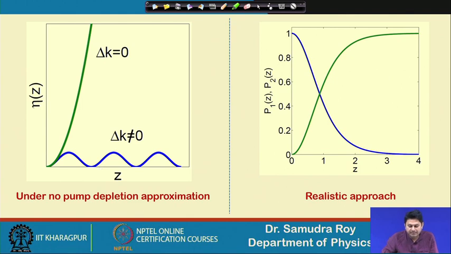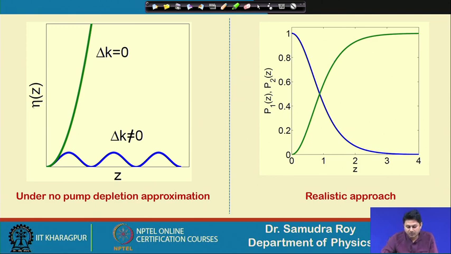In this realistic approach, whatever value we get at delta k equal to 0, initially the structure is something like that. Here also it is increasing, but after that it is not saturating in the old figure, whereas in the realistic case we find that it is saturating to some point, which is more realistic.